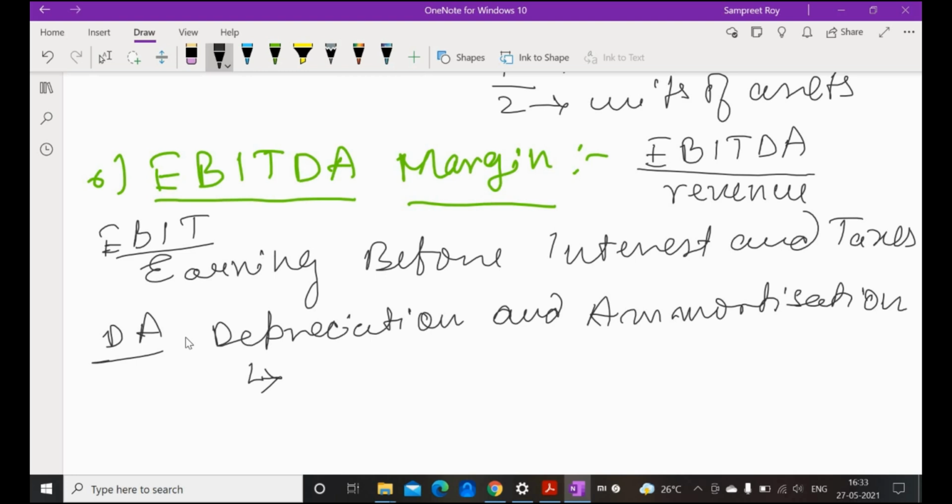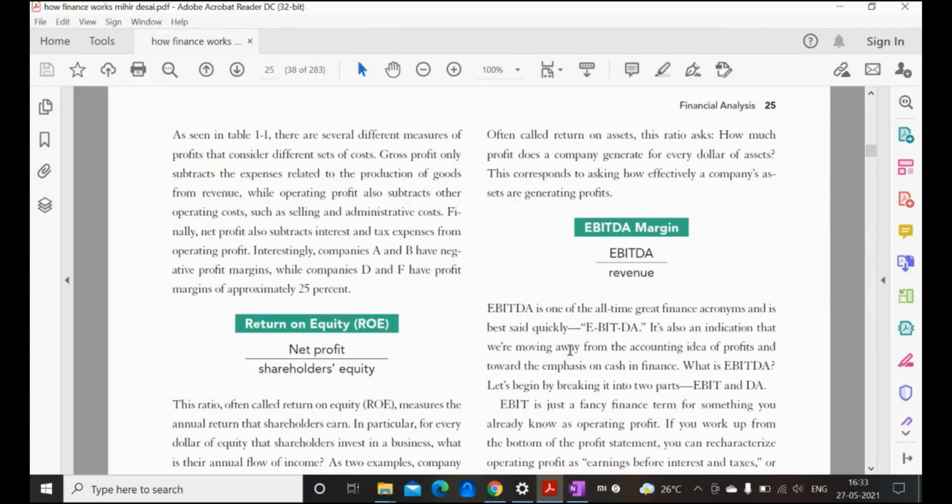For example, if I use an asset worth 10,000 rupees over a period of 1 year, and suppose we are given a 10% depreciation rate, then after 1 year, the value will be reduced to 9,000 rupees, right? So this is depreciation. Amortization is the same as depreciation. Rather, the concept of amortization is broader than depreciation. We will read in the further notes, right?